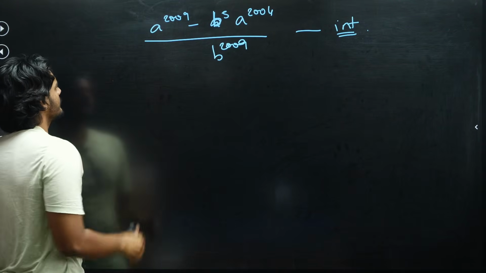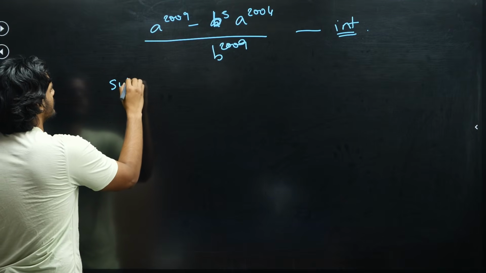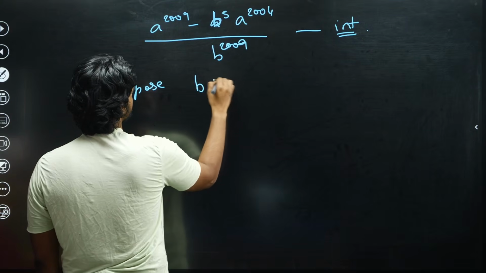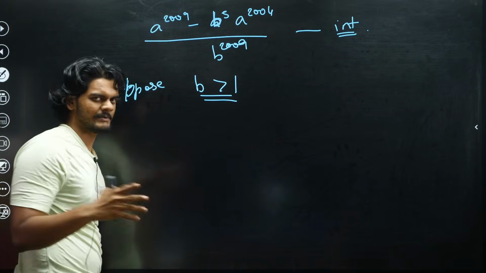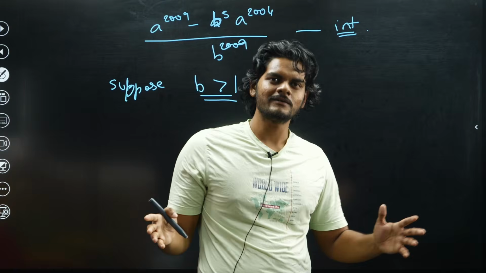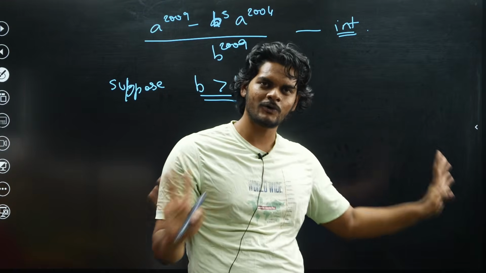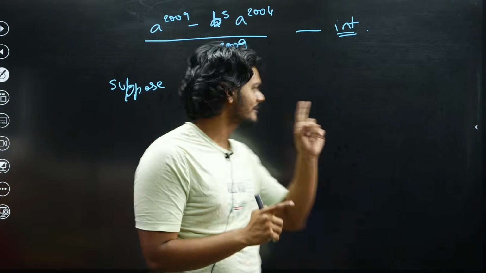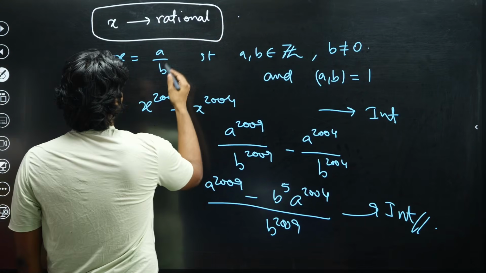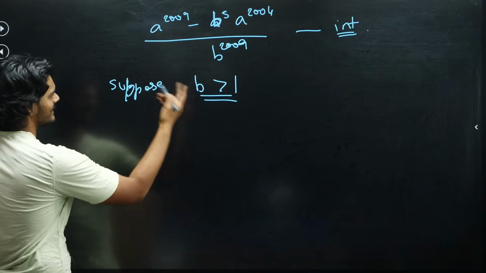Suppose b is greater than 1. We want to prove that b is equal to 1, right? If b is equal to 1, we are done. We want integers and we got an integer, x is an integer. But suppose this is a rational number and suppose b is greater than 1.